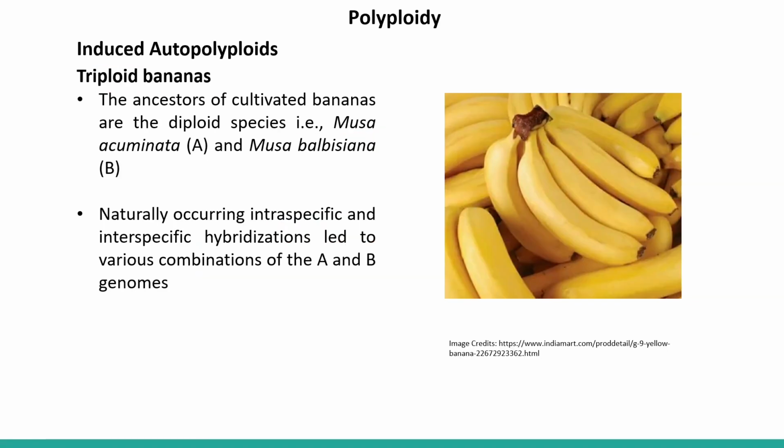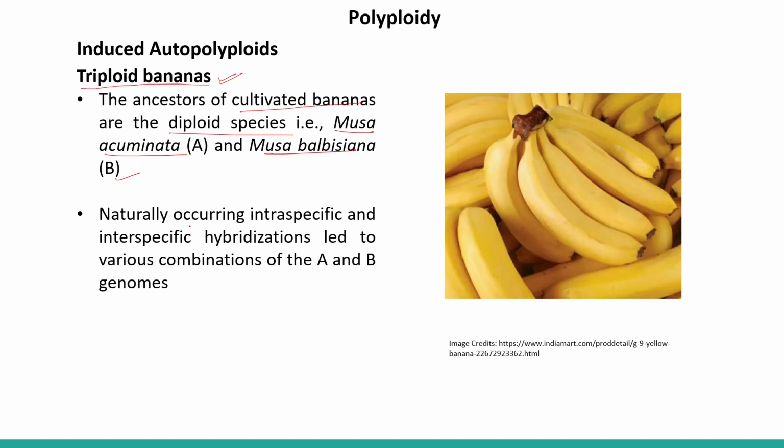One example is the triploid banana. So let us see how it is formed. The ancestors of the cultivated banana are the diploid species Musa acuminata and Musa balbisiana.